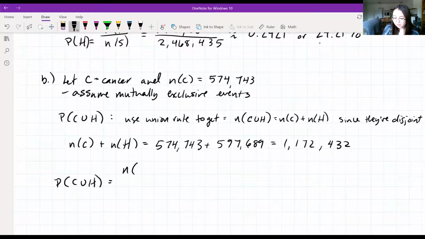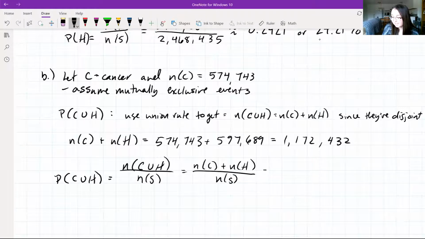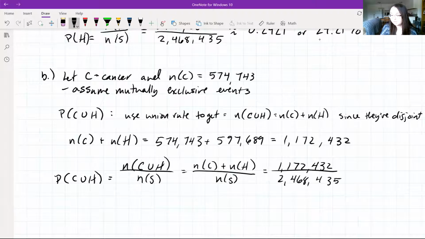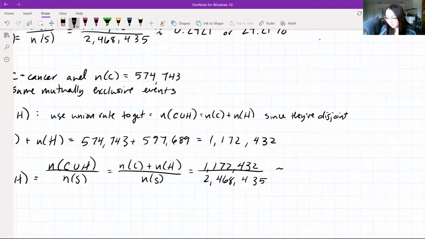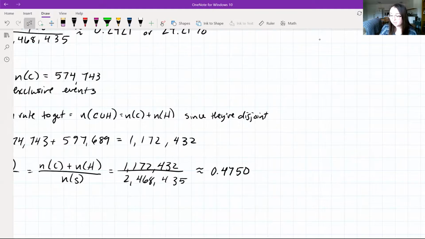We know that this is equal to N of C union H divided by our sample size, so same thing as saying N of C plus N of H divided by our sample size is 1,170,432 divided by 2,468,435. Now I want to use a calculator to calculate this value, and we end up getting 0.4750, or if you wanted it in percentages, 47.5%.